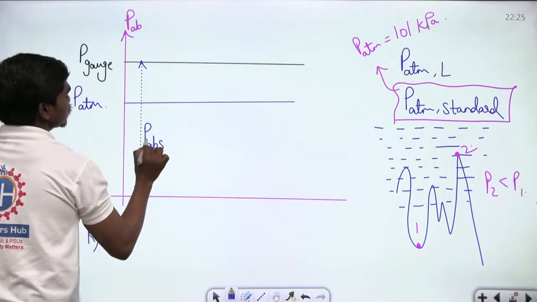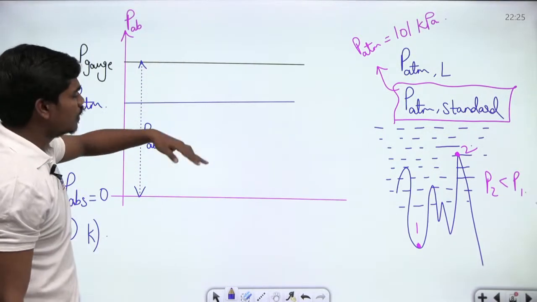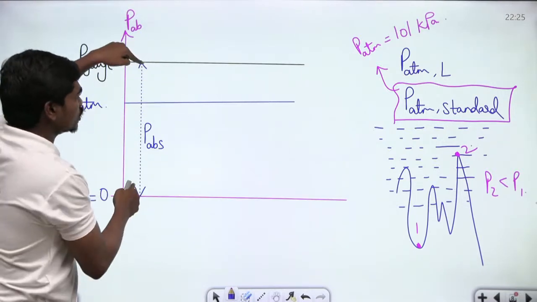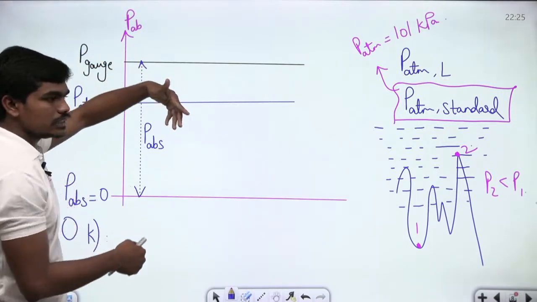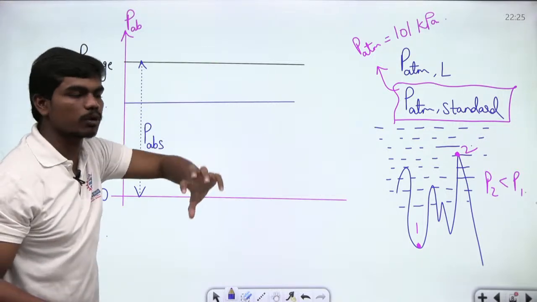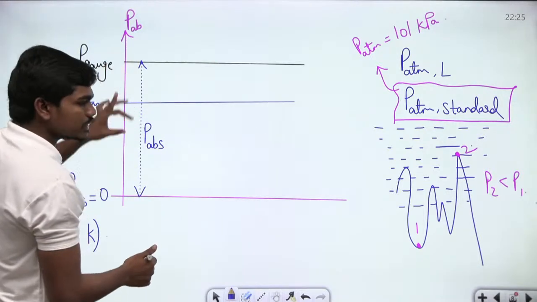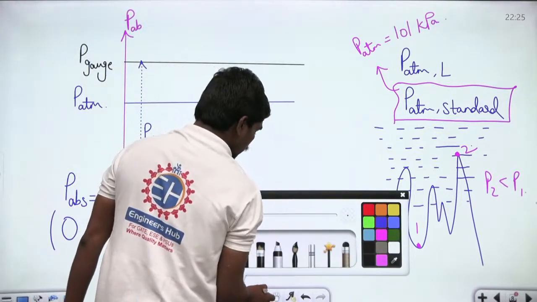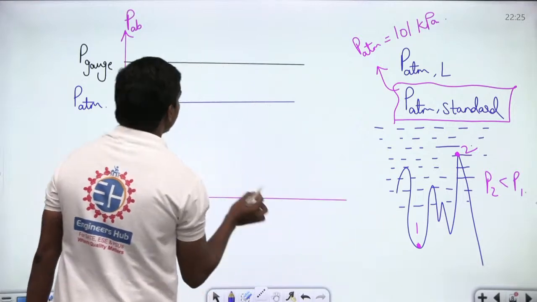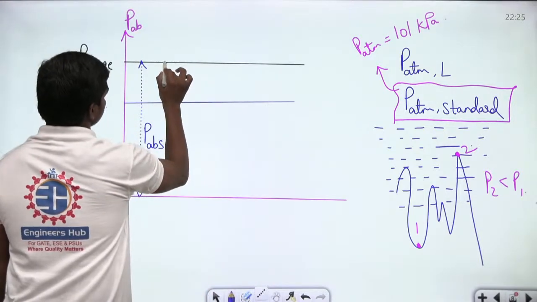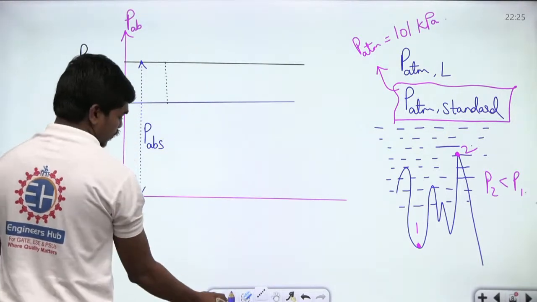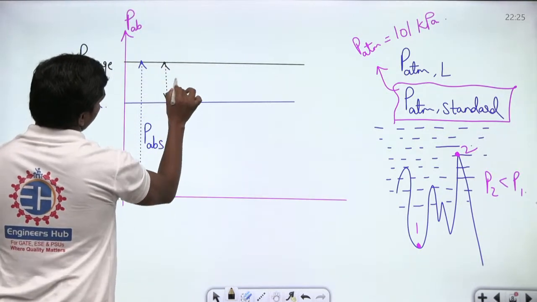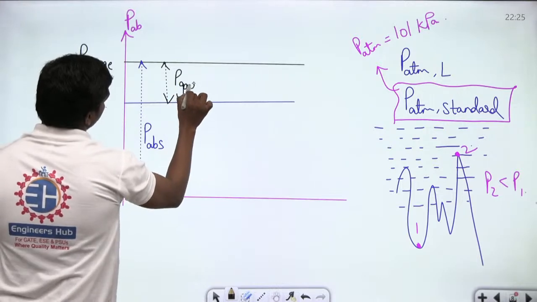When you measure this complete pressure with respect to the 0 absolute pressure, this is your actual value. But whenever your gauge is placed in the atmosphere, your gauge reads only this reading. So if you take this reading as the gauge pressure reading, P gauge, see carefully, this is P gauge pressure.